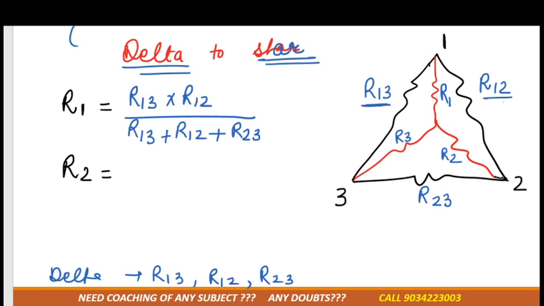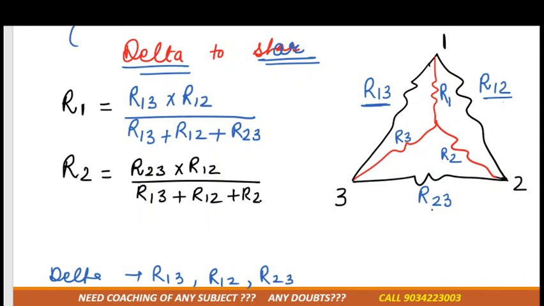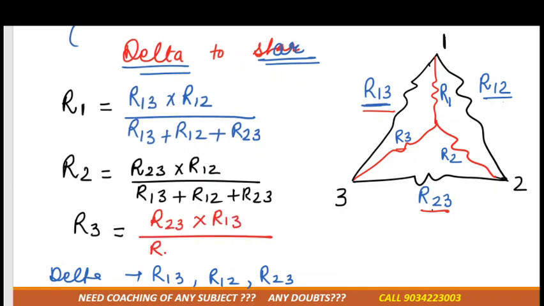R2 is connected between R23 and R12, so R23 multiplied by R12 divided by the sum R13 plus R12 plus R23. Similarly for R3. R3 is connected between R23 and R13, so R23 into R13 divided by the sum R13 plus R12 plus R23, right?